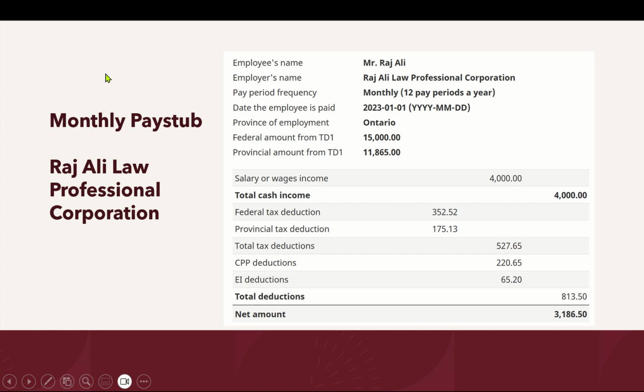Mr. Raj Ali decided to incorporate his business rather than a proprietorship. So from the professional corporation, he is receiving another 48,000.